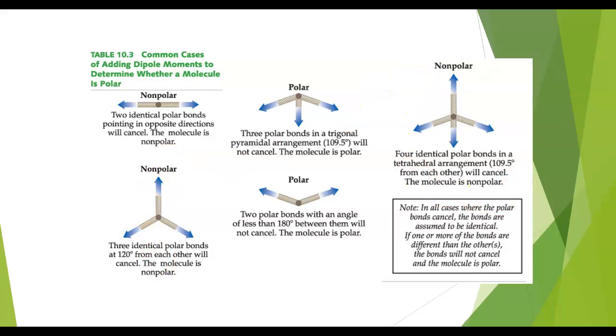The other nonpolar would be tetrahedral because, again, you're going to see a cancellation of each of those different pulls. The ones that we'll see polar will be trigonal pyramidal and bent. So if the bonds are polar, then the molecule will also be polar. Now, if the bonds are nonpolar, then the molecule in general will also be nonpolar. There are a few exceptions, but in general that is the case.